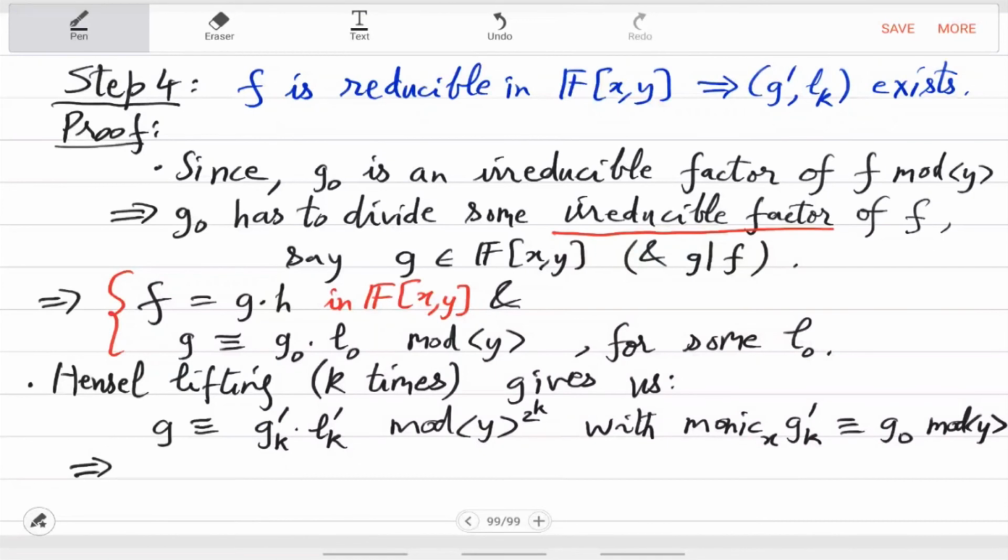Were we using prime before? Yes, I am trying to do it formally. So that means that f is congruent to GK prime times LK prime times H.